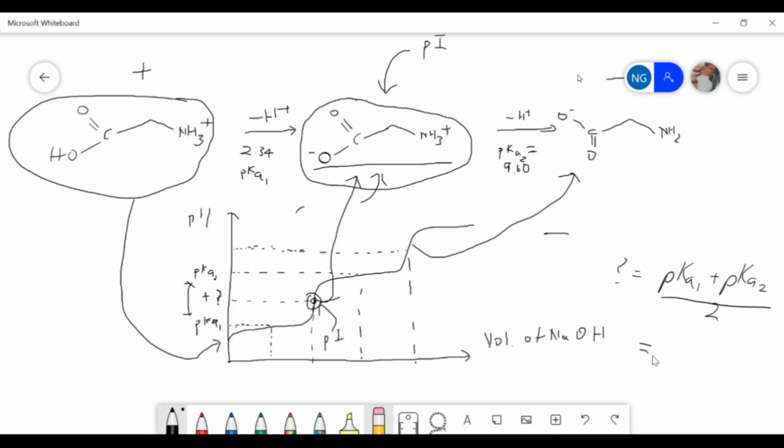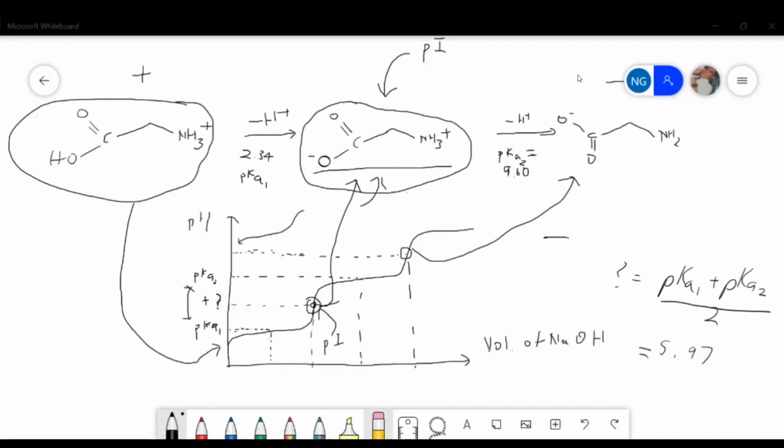Yeah. And just to avoid confusing you too much, can you guess what is the pH at this one? The second equivalence point. Or how you would calculate it. Yeah. I don't think they know.